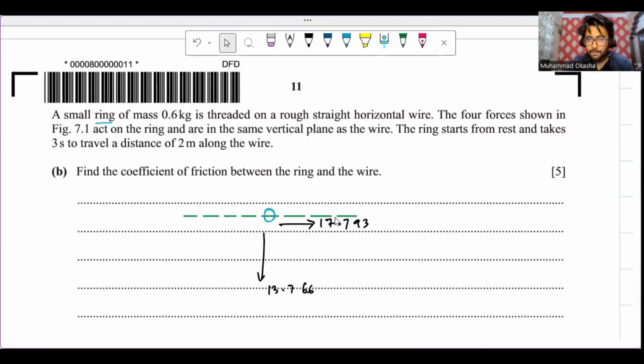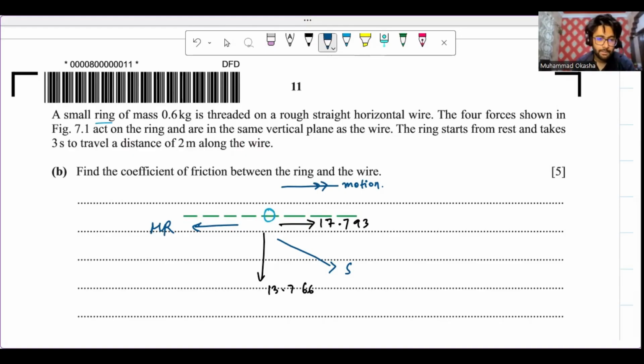In the same vertical plane, the ring starts from rest and it takes 3 seconds to travel a distance of 2 meters along the wire. Which means the resultant is in this direction, and this is the direction of motion. You're going to have a force of friction in the opposite direction, because the ring is already in motion, which means it has already overcome its maximum friction.